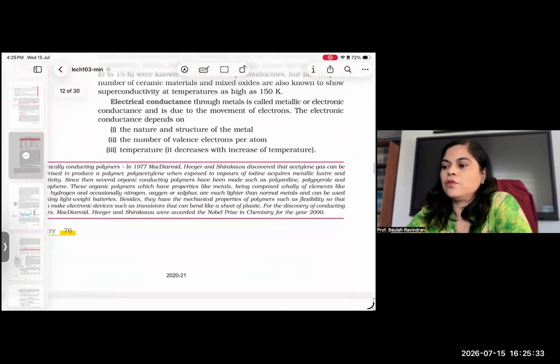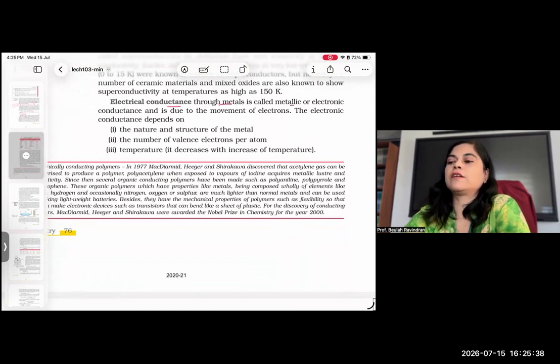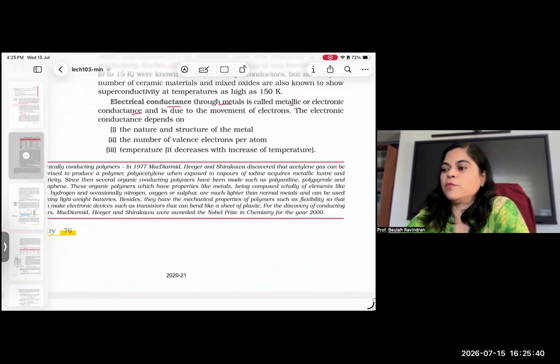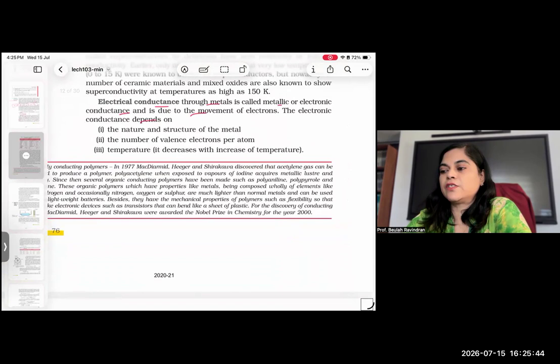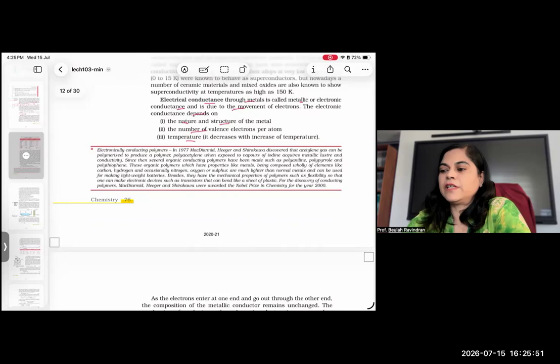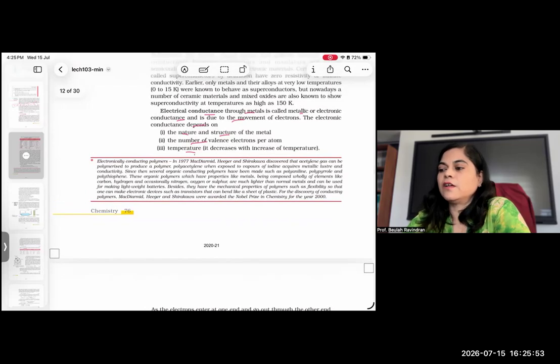The electrical conductance through metals is called metallic or electronic conductance and is due to the movement of electrons. It depends on the nature and structure of the metal, the number of valence electrons per atom, and temperature. Conductance decreases if temperature increases.